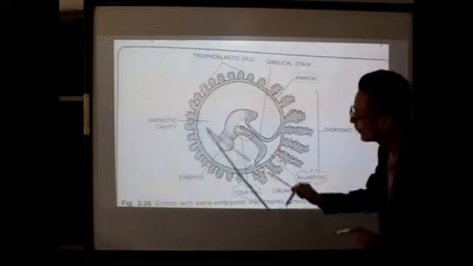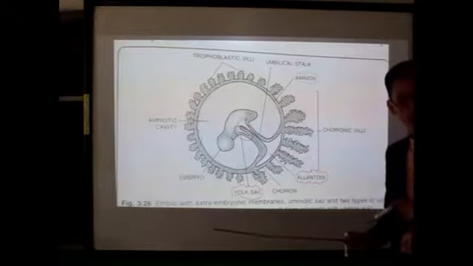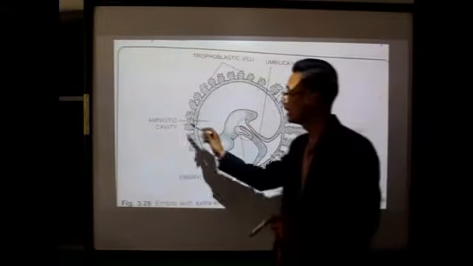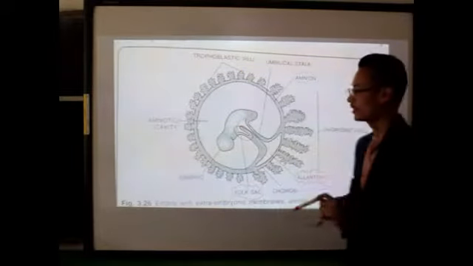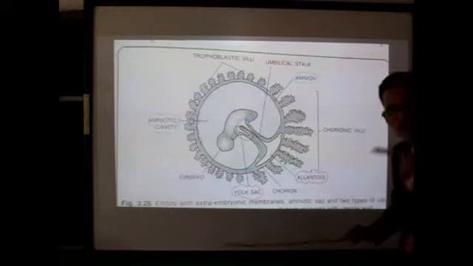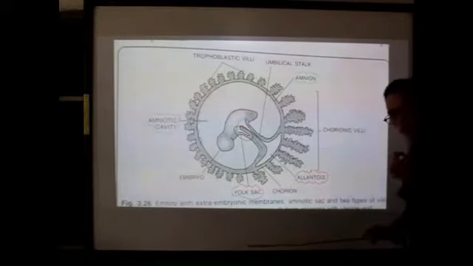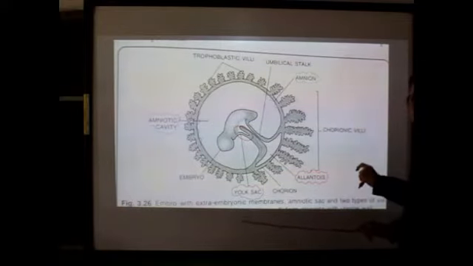And in this particular cavity, we will find the fluid. This cavity is called the amniotic cavity, and it contains a fluid called the amniotic fluid, which we will discuss afterwards. Clear?